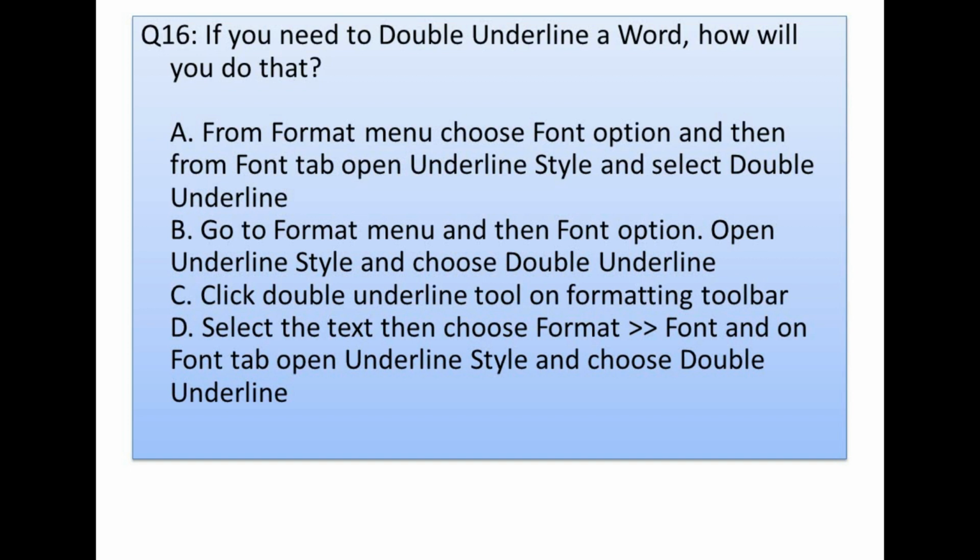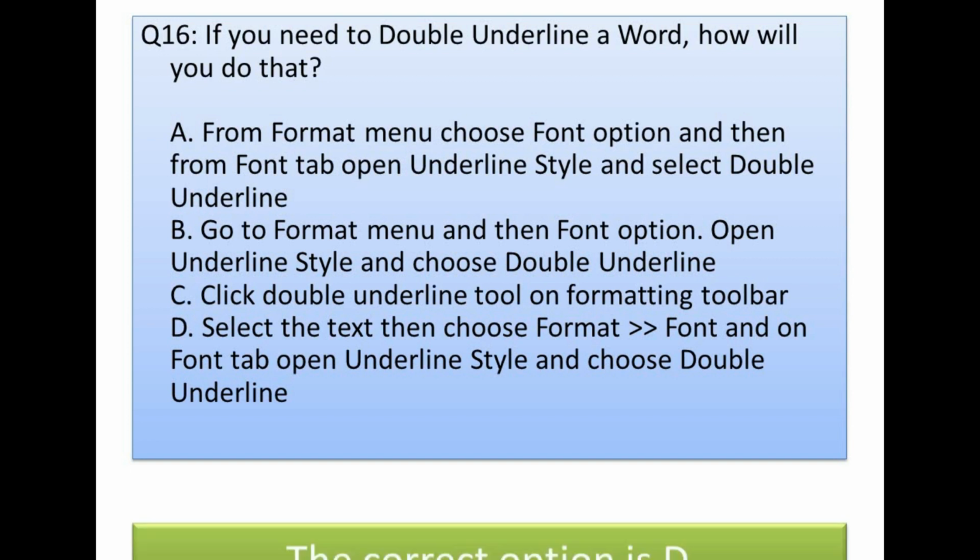Go to format menu and then font option. Open underline style and choose double underline. Click double underline tool on formatting toolbar. Select the text, then choose format, then font, and on font tab, open underline style and choose double underline. So the correct option is D.